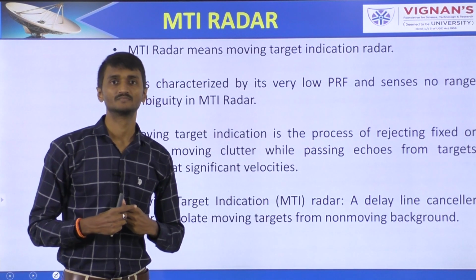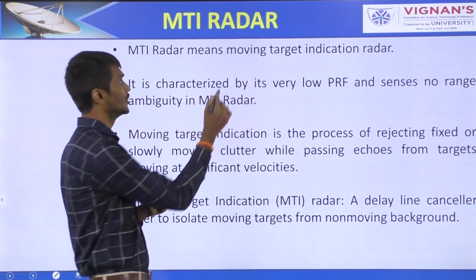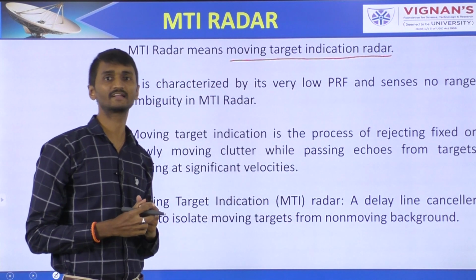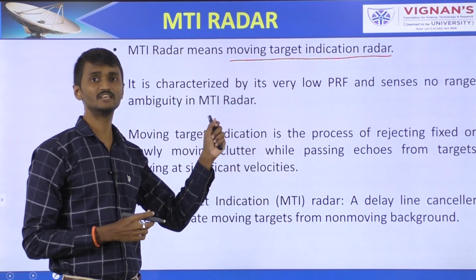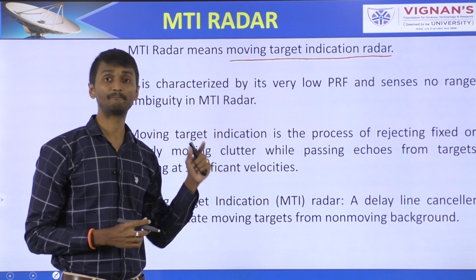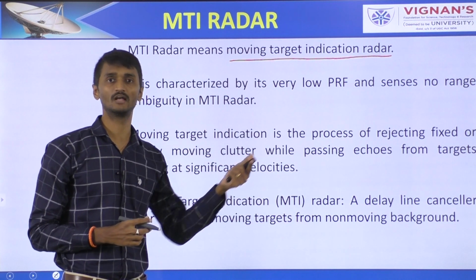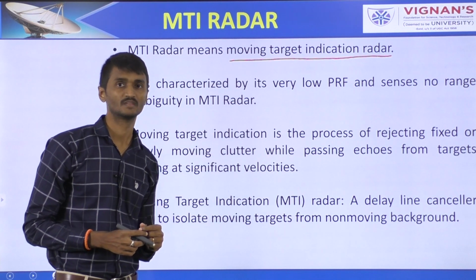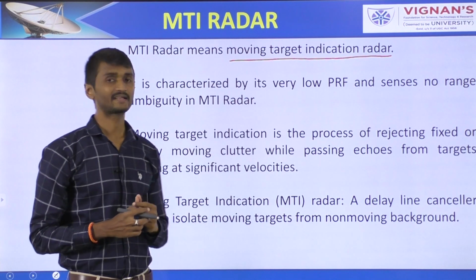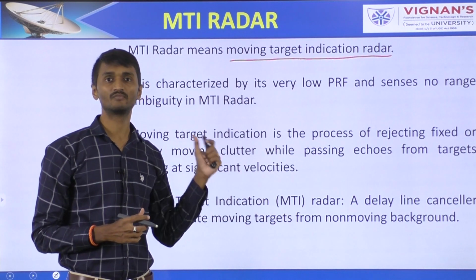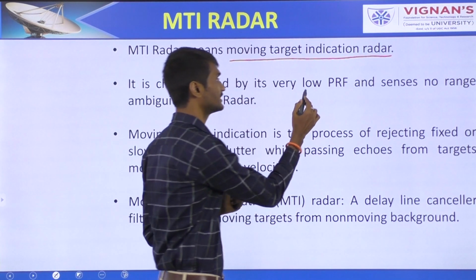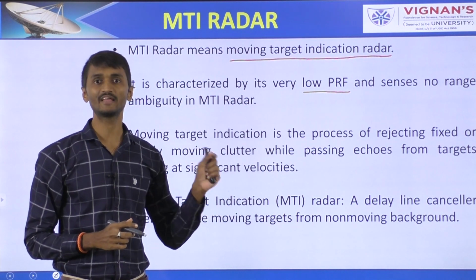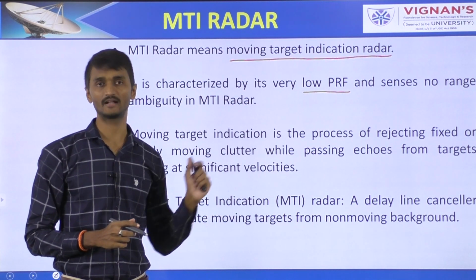MTI radar means moving target indication radar. This is one form of pulsed radar. Already we have learned the pulsed radar. MTI radar is characterized by its very low pulse repetition frequency and senses no range ambiguity.